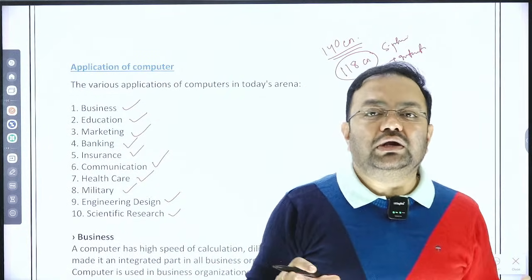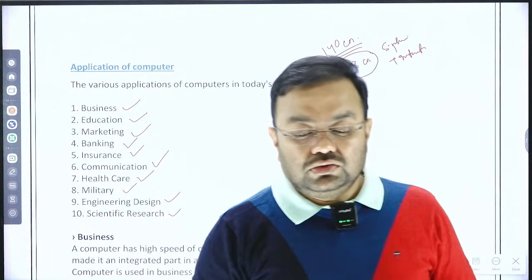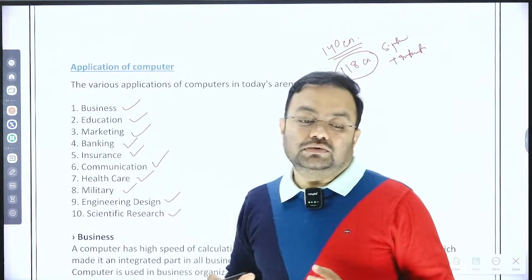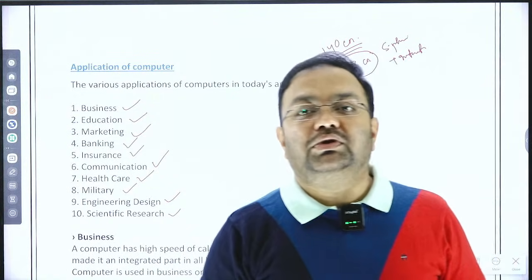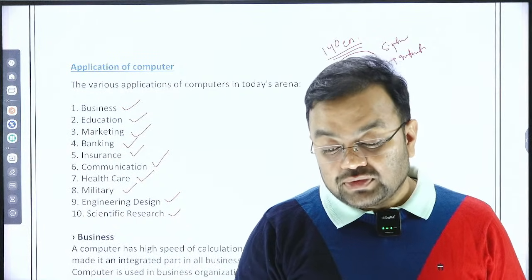Now all the relevant work is done through the system. This is known as the computer system. So these are the different fields where the computer is associated to perform multitasking functionality.